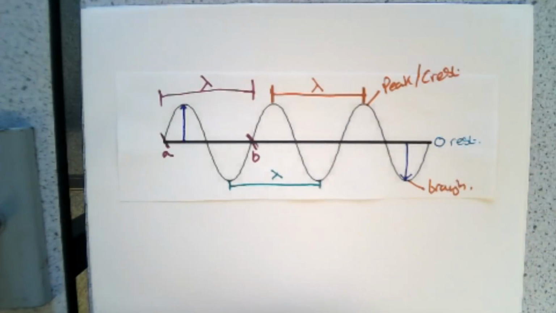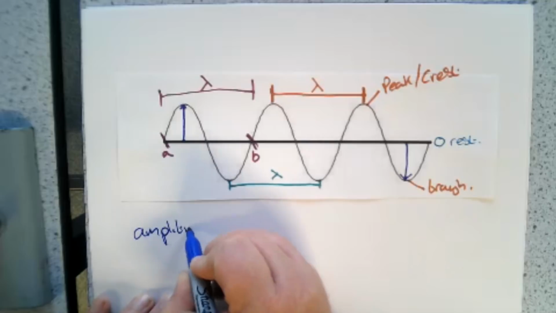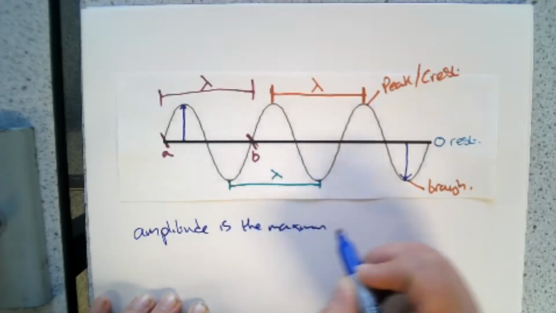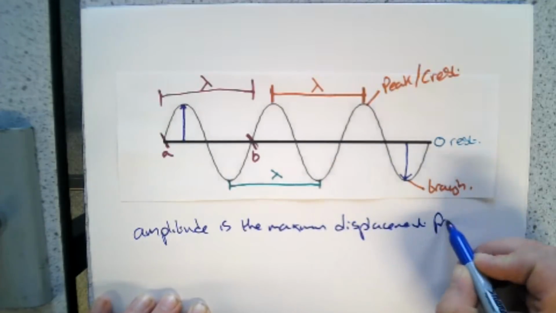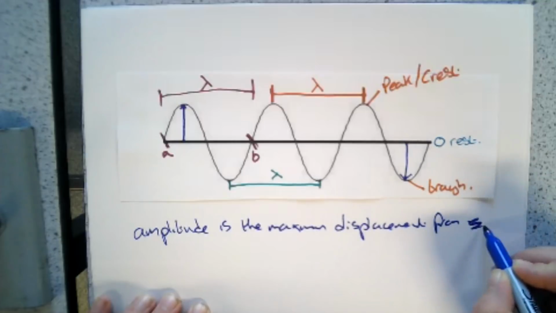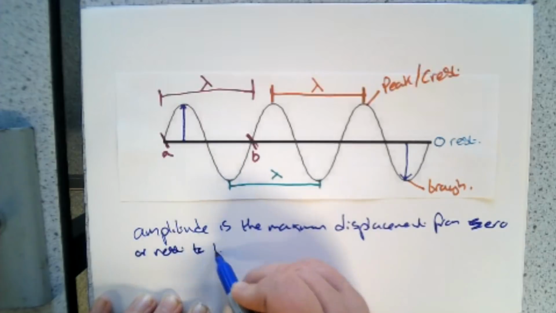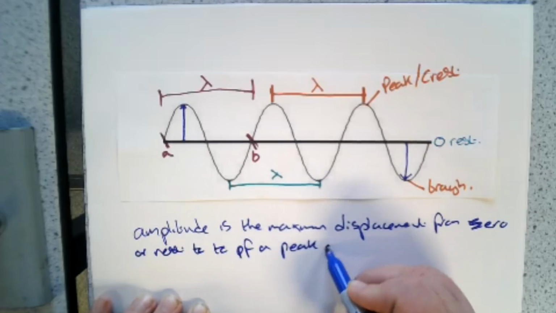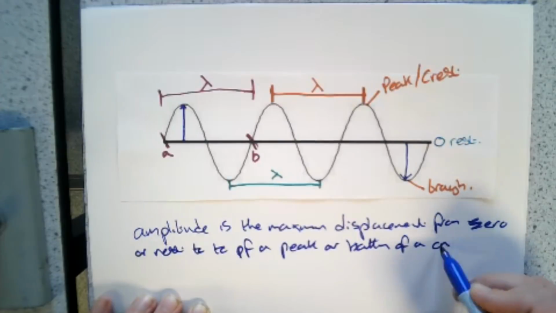Because when I'm talking about the definition of amplitude, amplitude is the maximum displacement from 0 or rest to the top of a peak or the bottom of a crest, a trough.